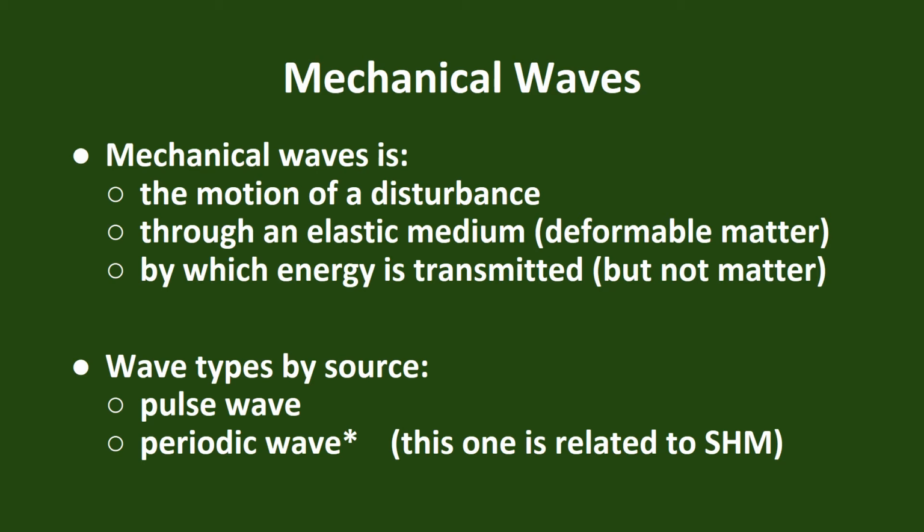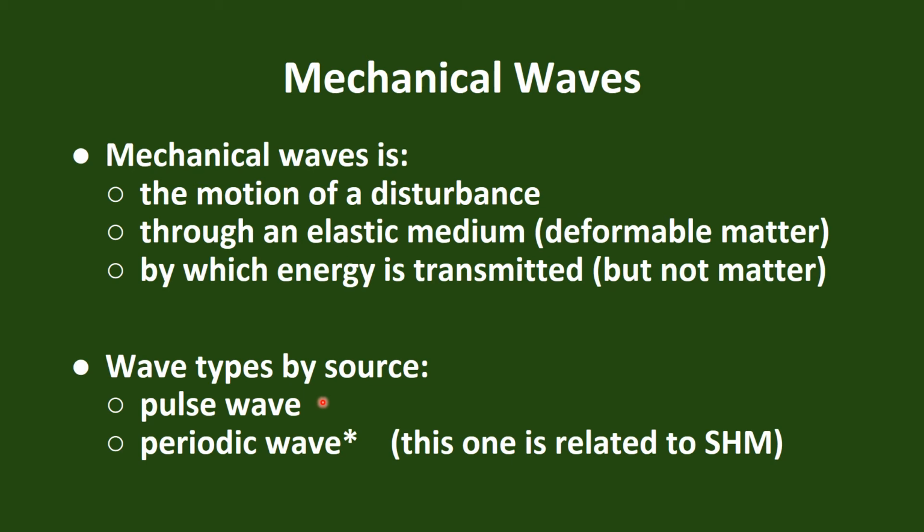One way is to look at types of waves by their source. Basically, we're looking at essentially two things: a pulse wave and a periodic wave. And you're going to see examples of this. This unit is one that really is going to rely a lot on graphical representations. It's just the nature of it, because you're not looking at a particle, you're looking at a disturbance within a material. It really helps to be able to visualize it.